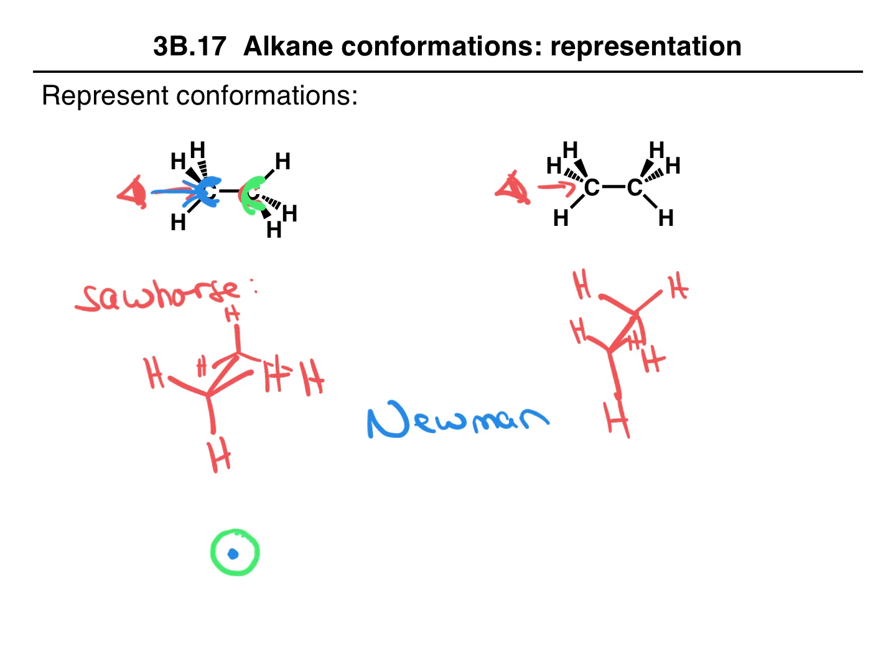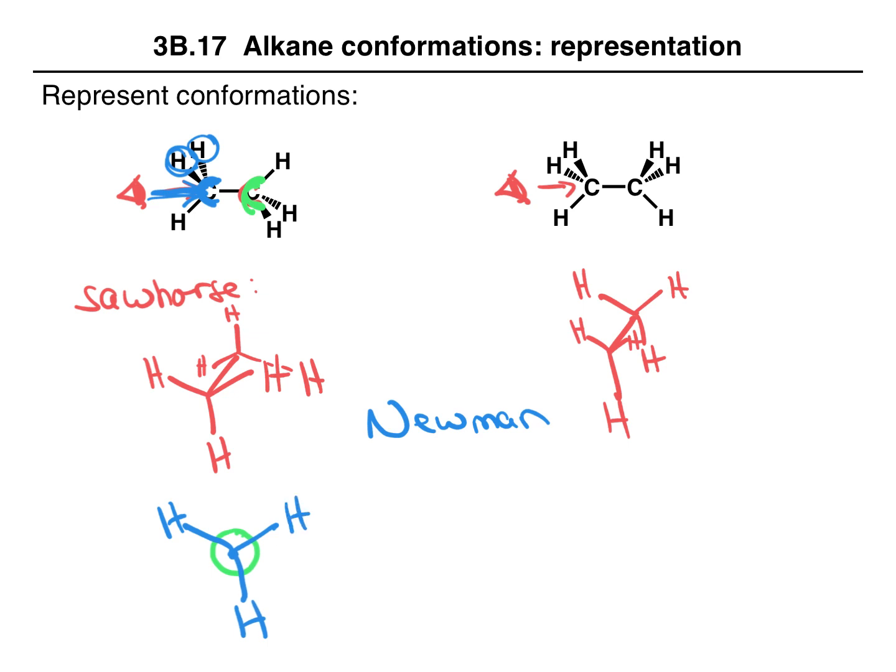This is the back carbon. Now off of the front carbon, we have one hydrogen that's going straight down. And imagine if you're looking at it down this angle, then this hydrogen is going to be over here. And this hydrogen, which is coming in front of the screen, is going to be over here.